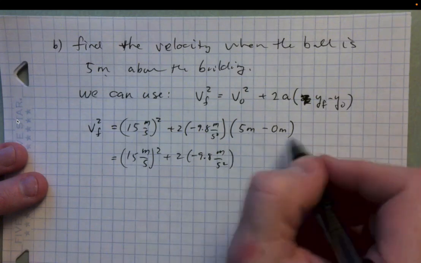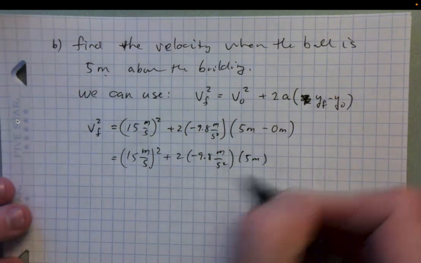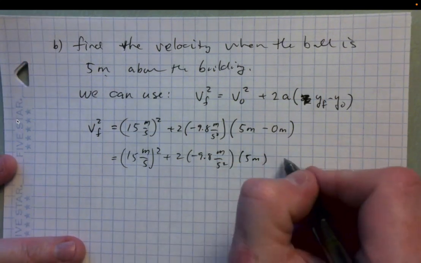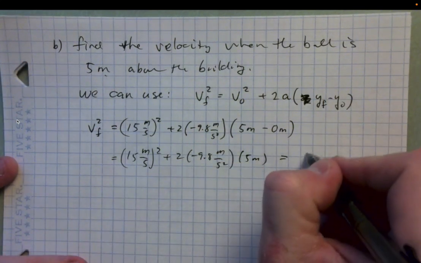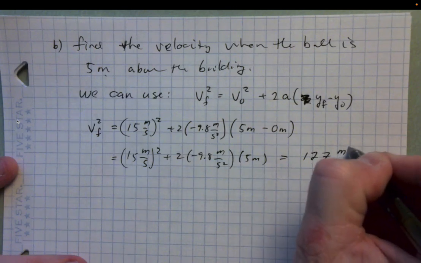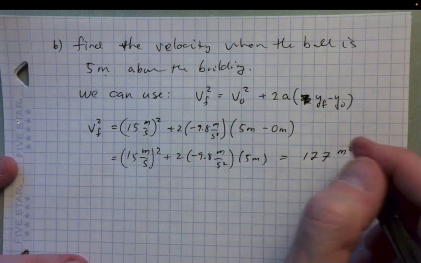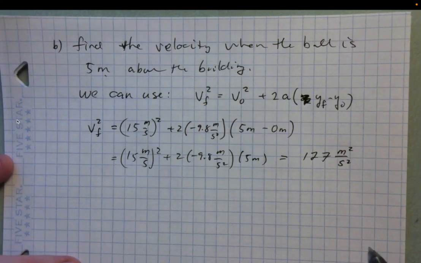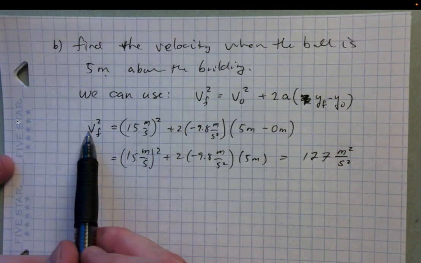We want to make sure that we simplify the thing a bit before we start doing the actual calculation. But altogether, this whole side here is equal to 127, and then the units get a little strange here. It's meters squared per second squared. But that's okay because we're looking for velocity.